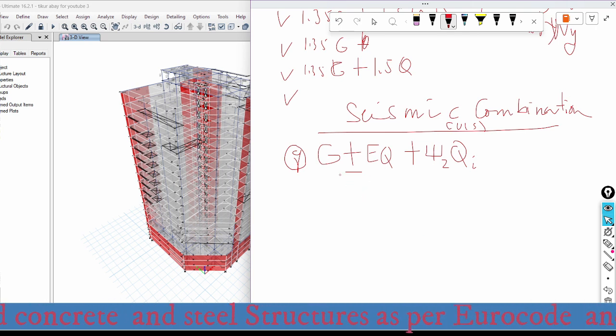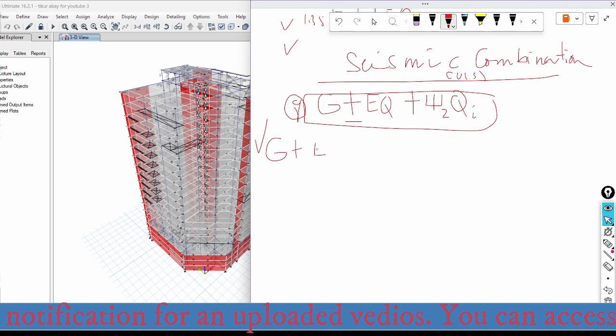So when we put this in detail, in the first combination we will have G, that is the permanent load, plus EQ X, plus EQ Y, that is 0.3 here.